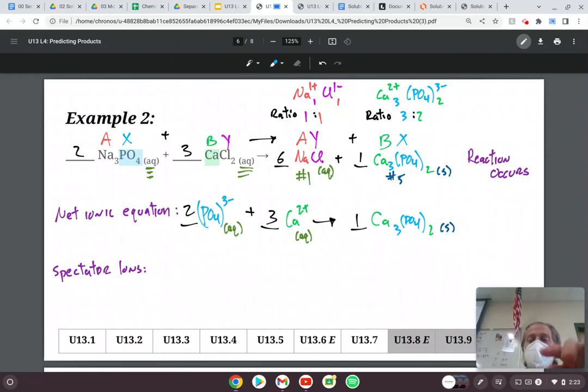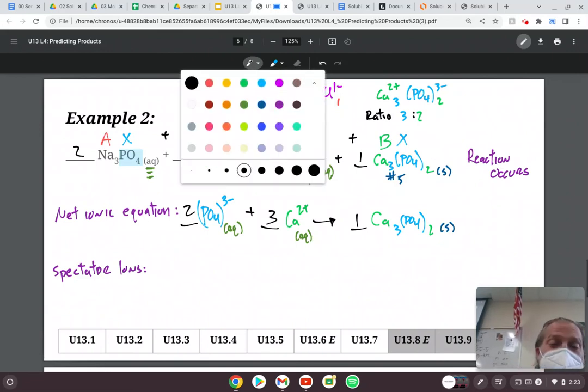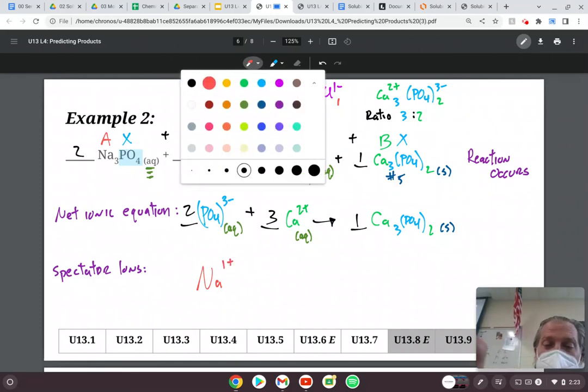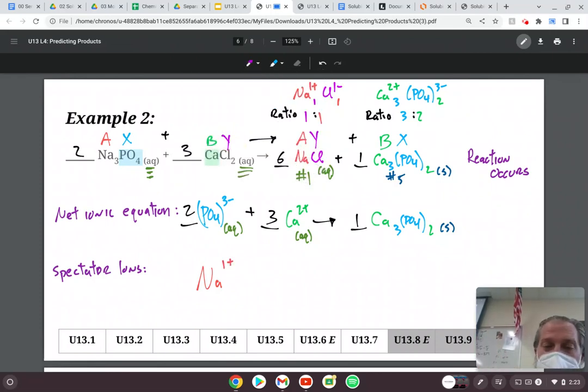And then this becomes a 1. And then the last thing I need to do is identify my spectator ions. That is the ions that are aqueous as products. And so in this case, that's going to be Na, which we identify as a charge of +1. And it's going to be Cl, which we can identify as a charge of -1.